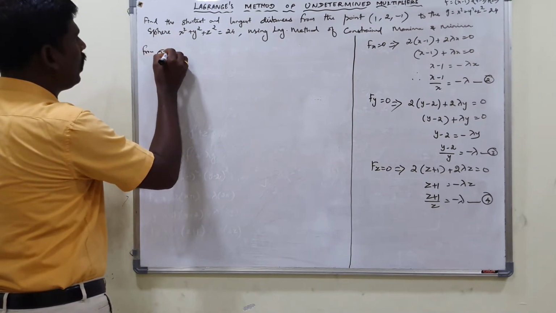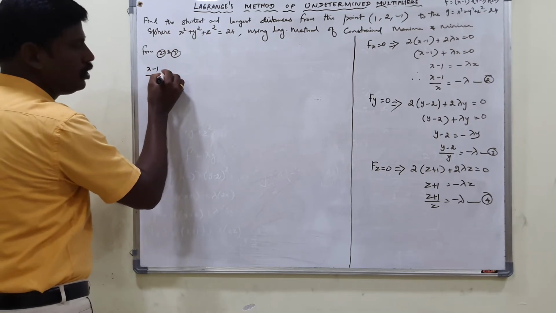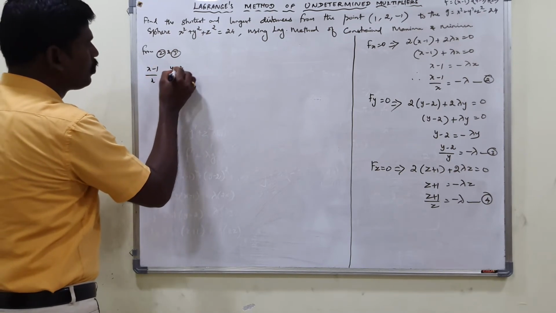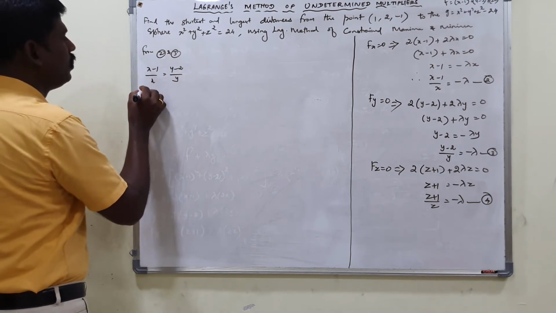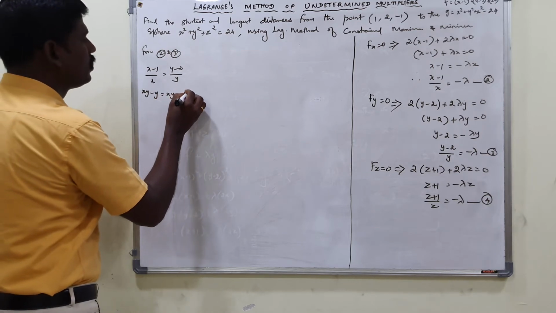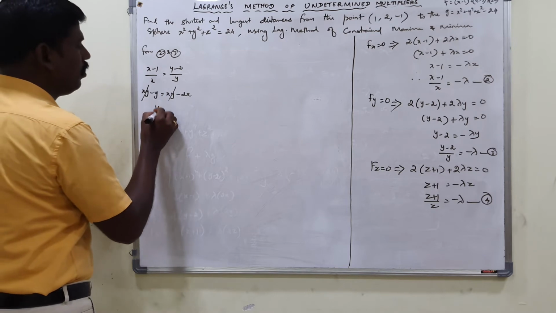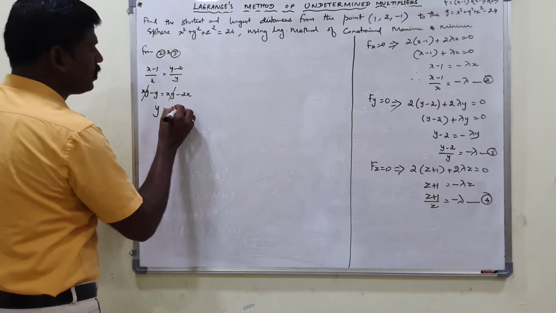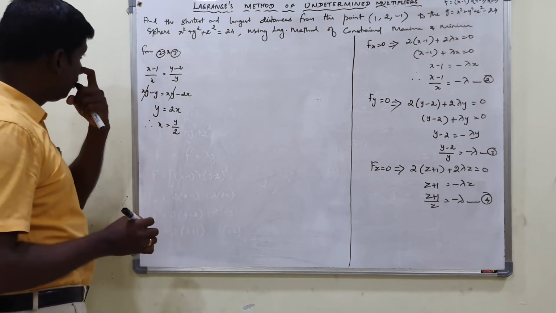From 2 and 3, what you will get? X minus 1 by x is equal to what? Y minus 2 by y. Isn't it? Cross multiplying, what you will get? So xy minus y equal to xy minus 2x. You can cancel xy with xy. Minus minus cancel. You will get y equal to 2x. Therefore, what is x? X equal to y by 2.